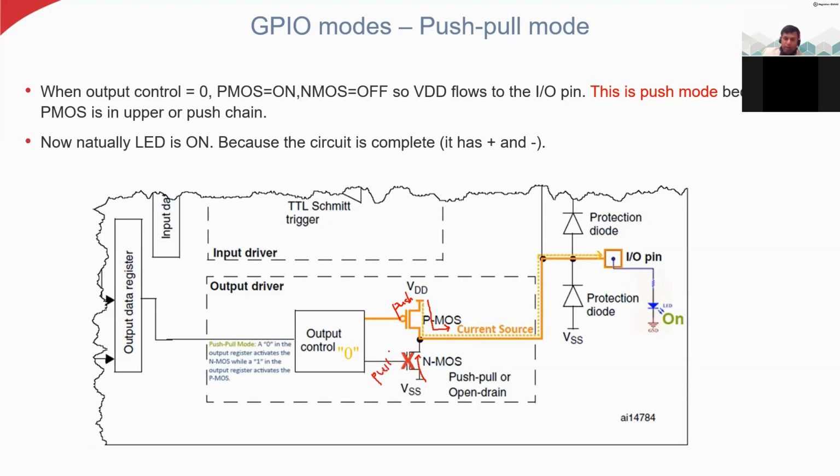We are using both transistors. Naturally the LED is on because the circuit is complete, it has plus and minus. This is one operation, for the push mode.